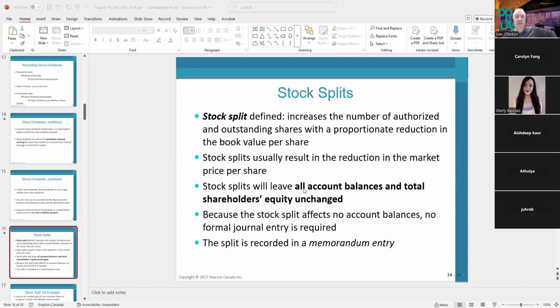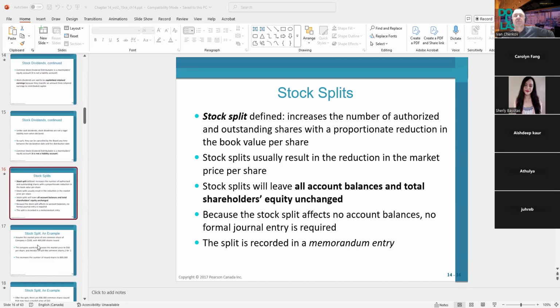Since nothing has changed, there's no journal entry. So from all the events that you want to happen in reality, you want a stock split because there's no journal entry. You just have to record a memo or additional information in the notes to the financial statements.